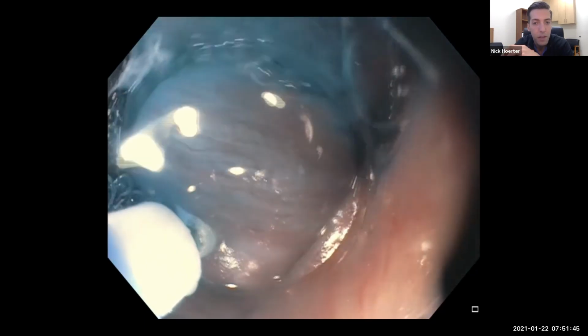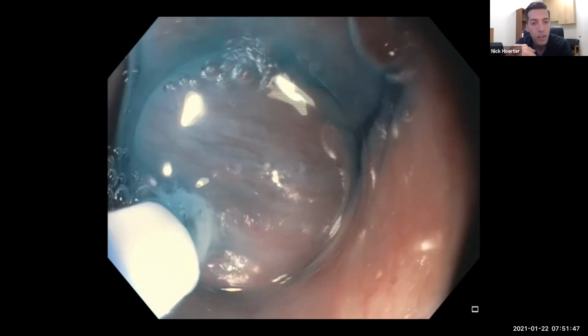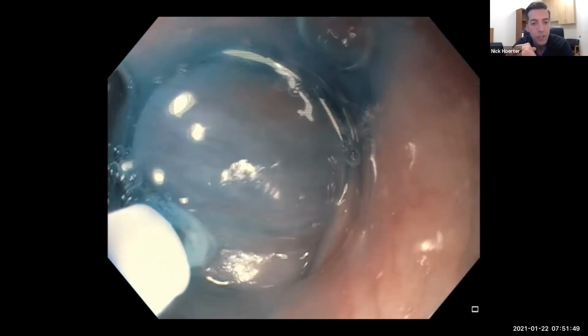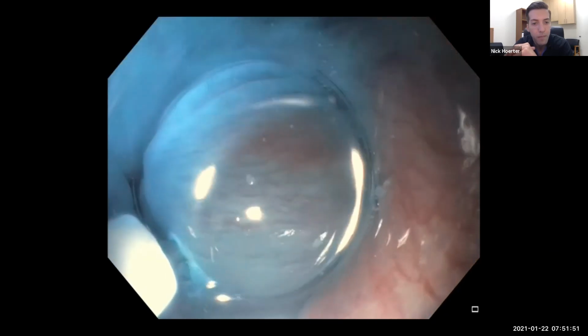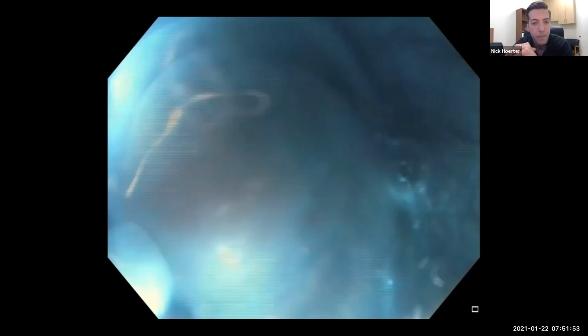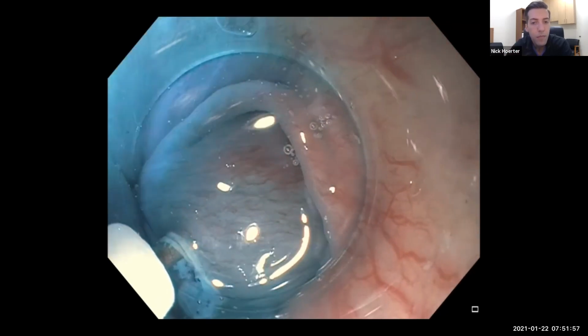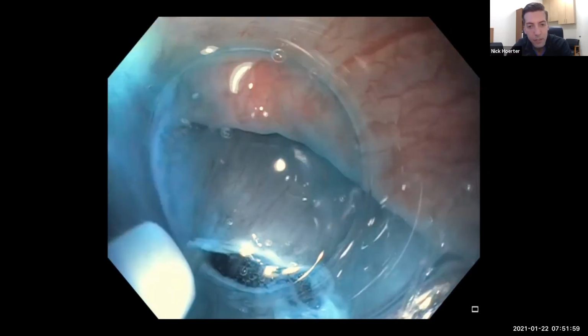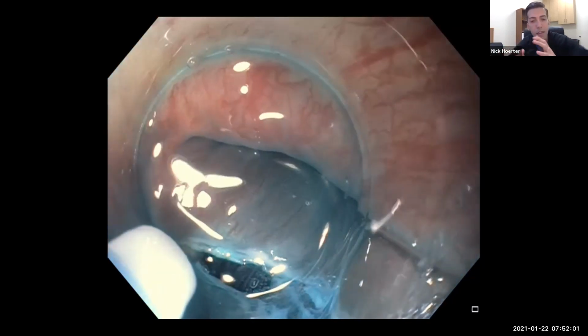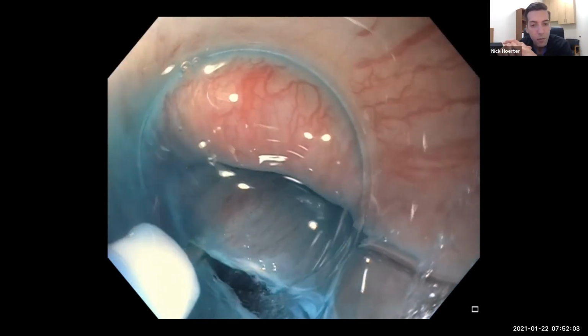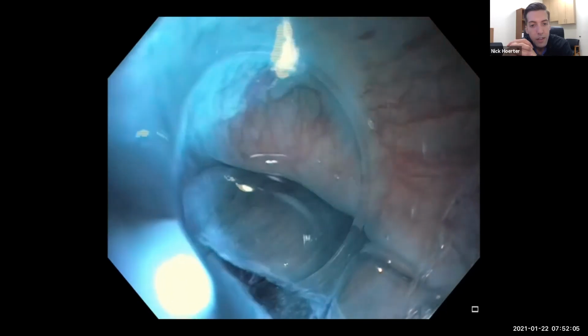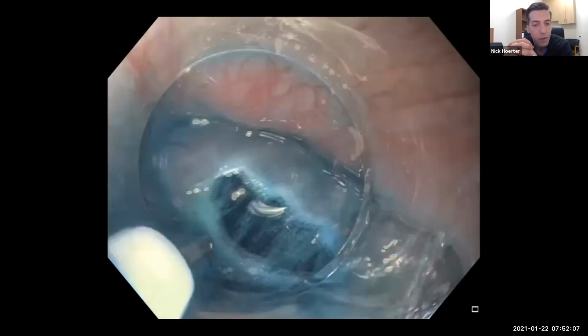So the first step is a submucosal injection, and then a mucosal incision with an electrosurgical knife here. It's a very tight working space, as you can see, so it's a lot of manipulating angles, rotating, and not damaging the surrounding mucosa.